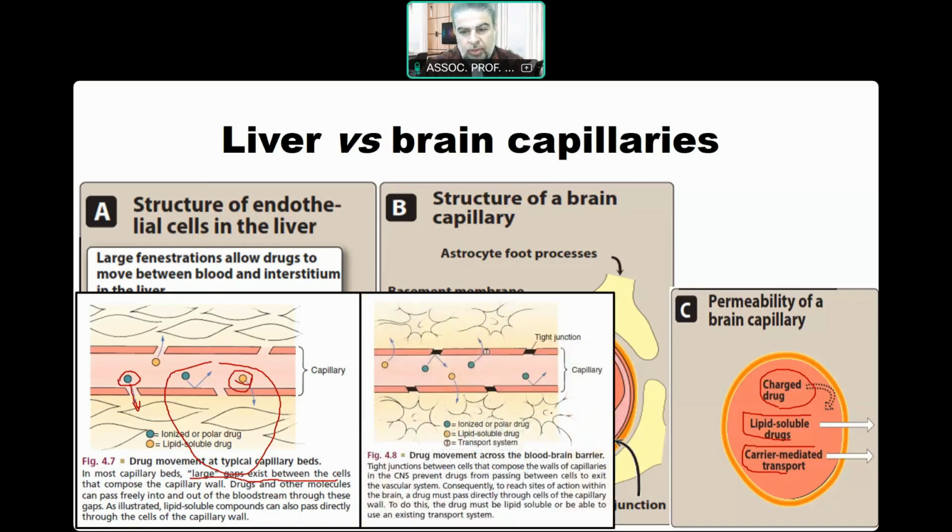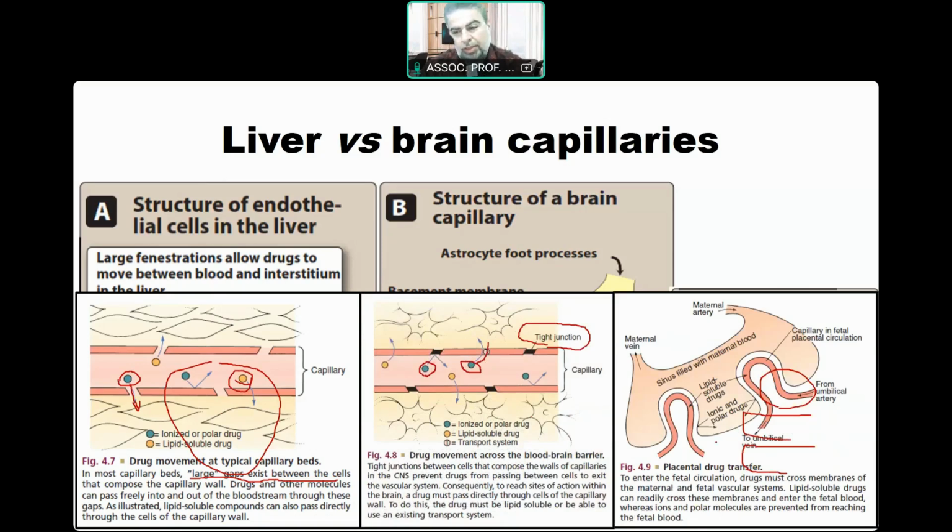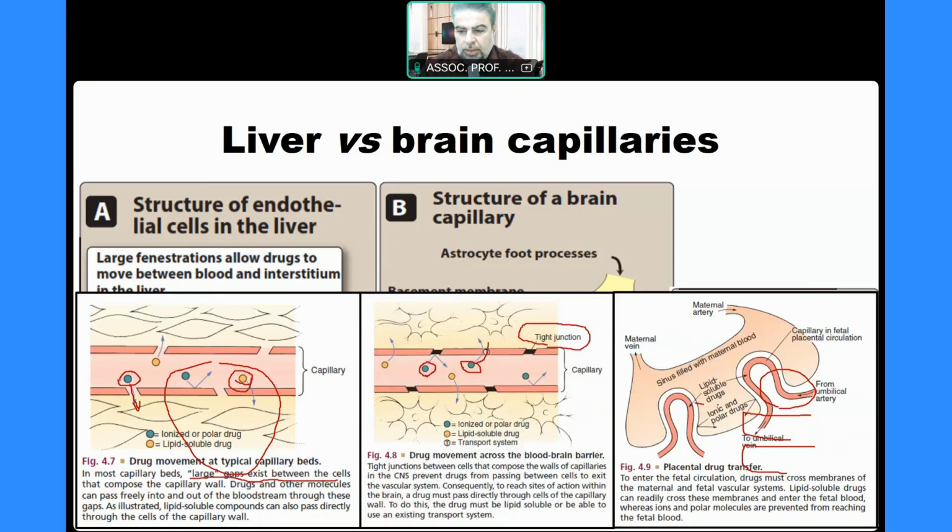While in the blood-brain barrier, as we've just mentioned, the tight junctions will block the water-soluble molecules, and therefore they will not be able to enter. It's a protective mechanism. The only way for the water-soluble molecules to enter is through carrier-mediated transport. In the fetal-maternal circulation, only the lipid-soluble drugs can pass from the maternal to the fetal circulation, while polar, water-soluble drugs are blocked because of the presence also of the tight junctions.